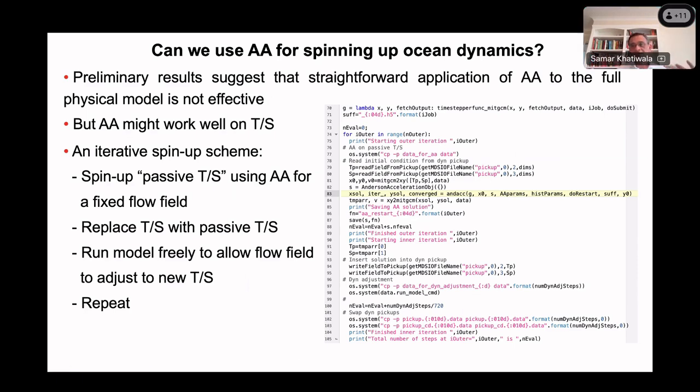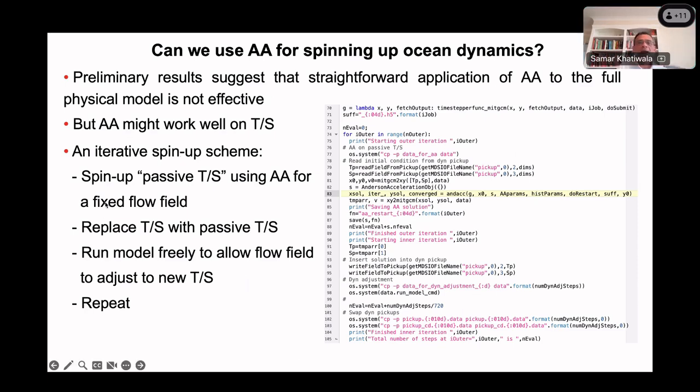It's not an active tracer like the dynamical tracers T and S, but they're subject to the exact same forcing as the real T and S in the model. The passive T and S see exactly the same forcing and circulation as the real T and S, but they don't feed back on the circulation like real T and S do. That's what I mean by passive T and S.